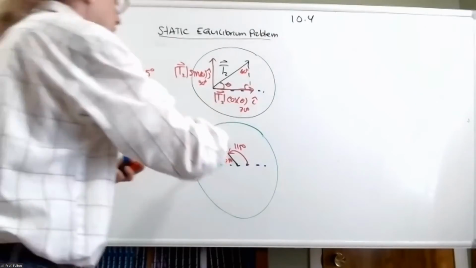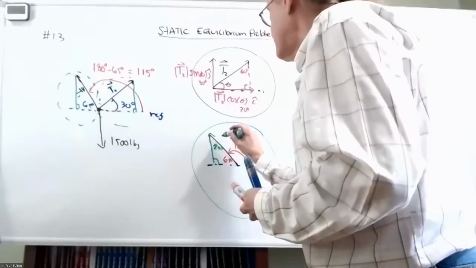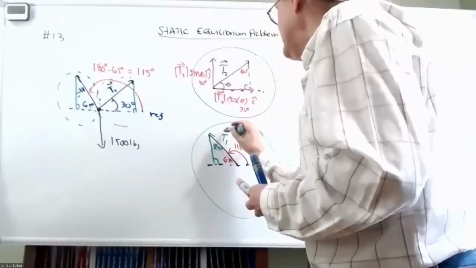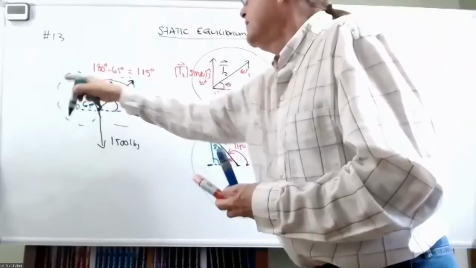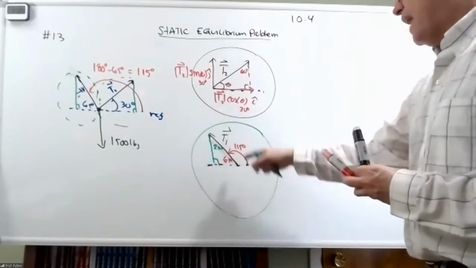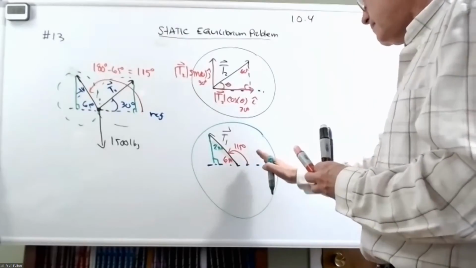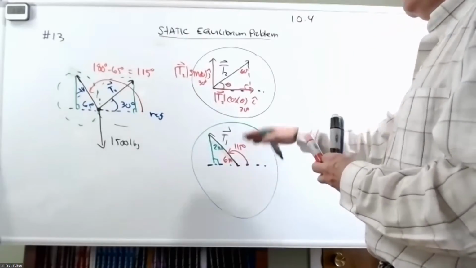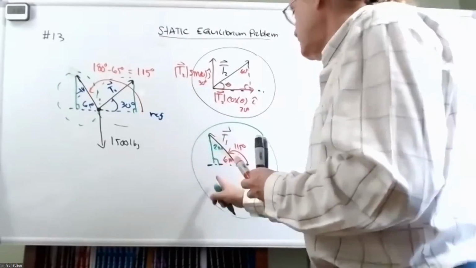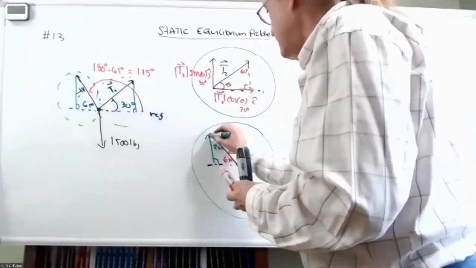Okay, so we can also put the tension vector over here. It's going in that direction. That's vector T1. That can also be broken down into horizontal and vertical components. This over here is pointing in this direction.